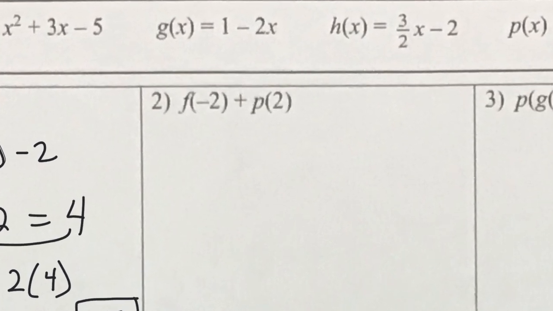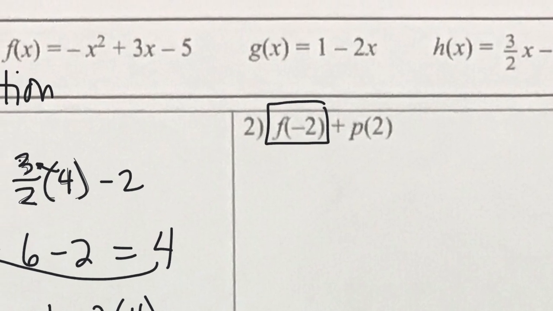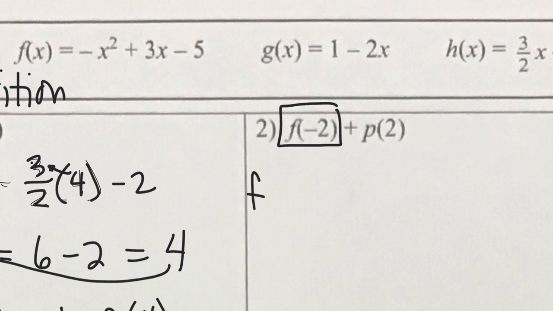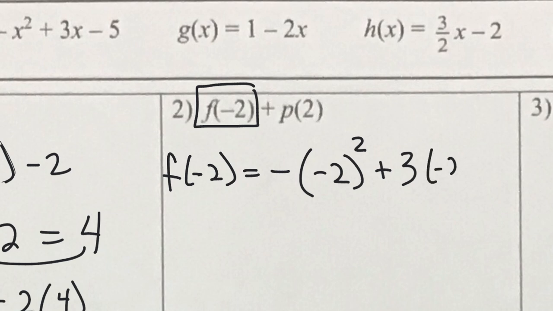So number 2 says we are adding together two values. We want to know what is the y value from the f function when x equals -2. So let's calculate that. So f of -2 means we're going to take the negative of -2 squared plus 3 times -2 minus 5.